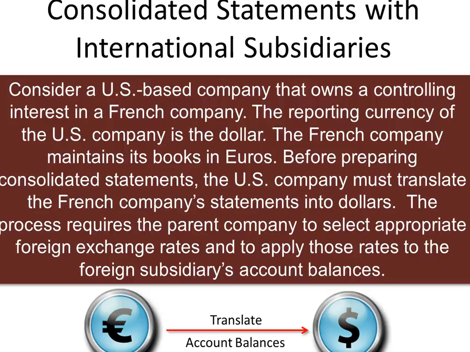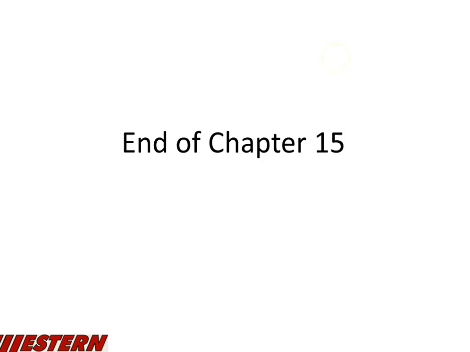And then you got to consolidate with international subsidiaries. A subsidiary is a word used to reflect that another company owns that company. And so you have to merge those two together. That's for later in your international or advanced accounting. That's the end of this chapter. Call me if you have any questions.